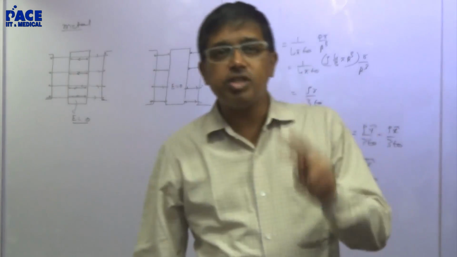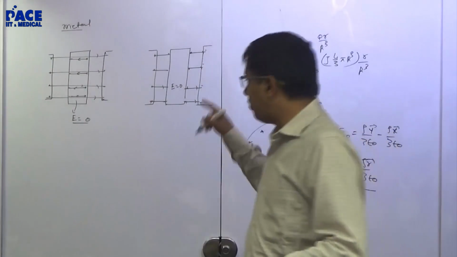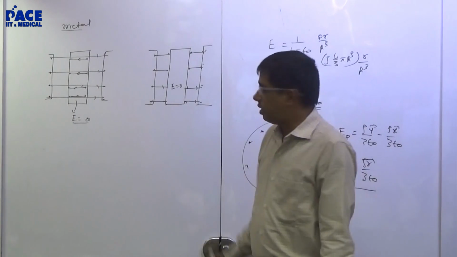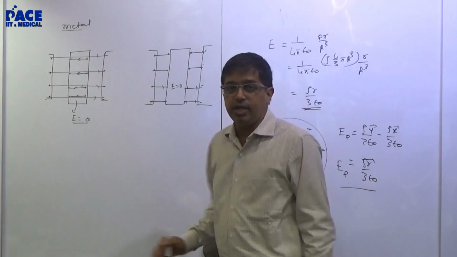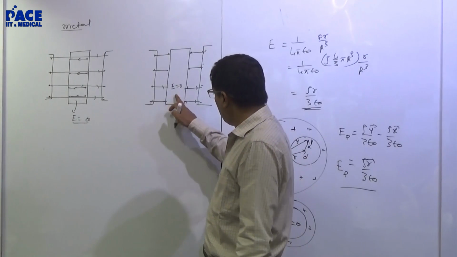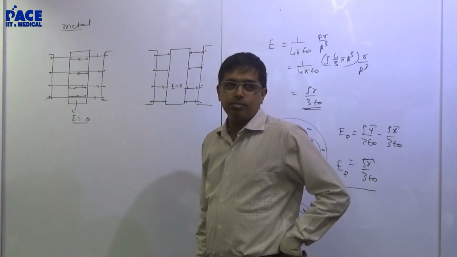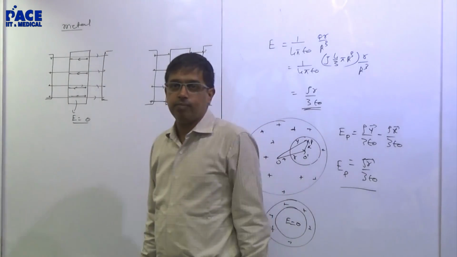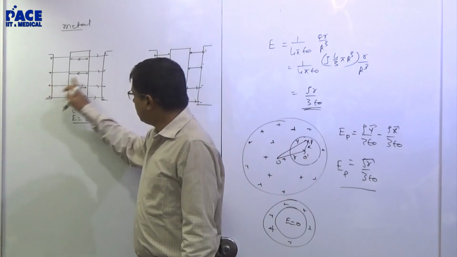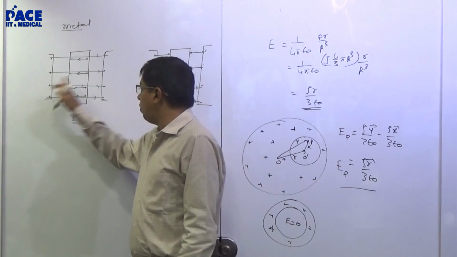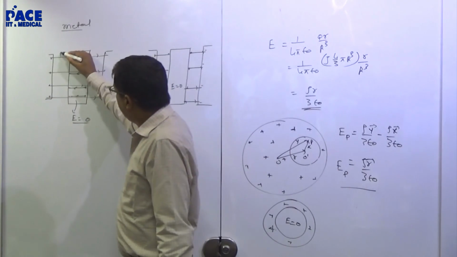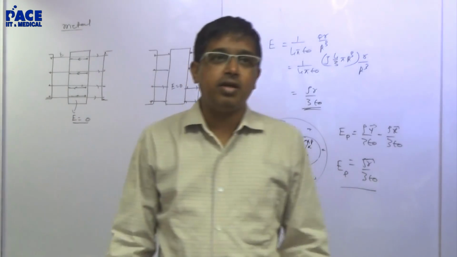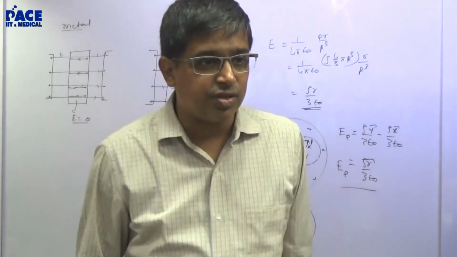Now there are two misconceptions which originate from the way we have introduced this concept. First misconception: people came up with theories that the external field will not enter into the metal. Now this is the most meaningless thing. Resnick doesn't like that. He says if you ask me the value of external field inside the metal, it is E. The value of external field inside the metal does exist.